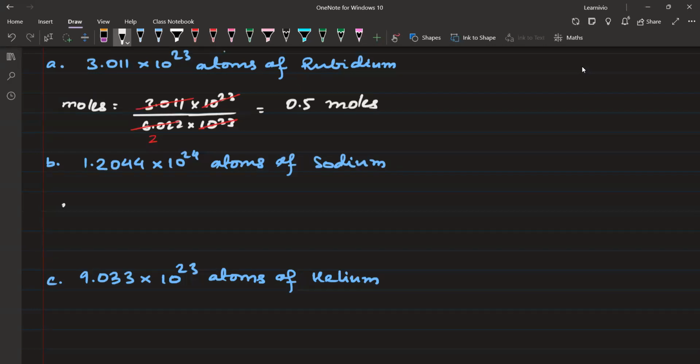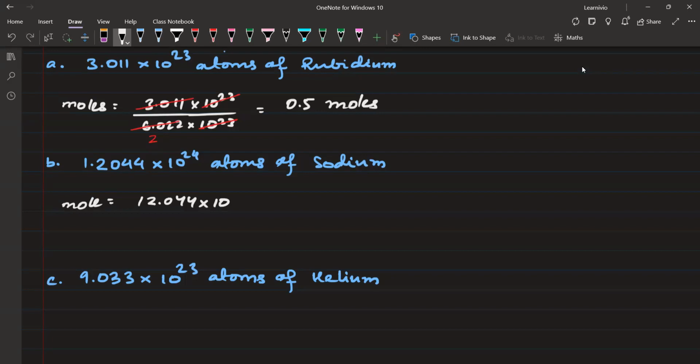Similarly, in this case, 1.2044 into 10 to the power 24, make this 10 to the power 23 by dividing by 10, divided by 6.022 into 10 to the power 23. The 10 to the power 23 cancels. This will be 2 moles.